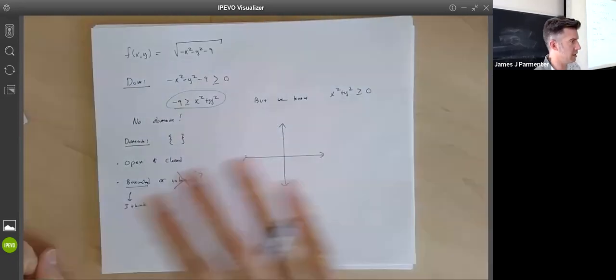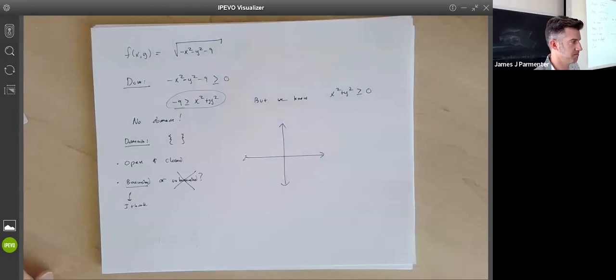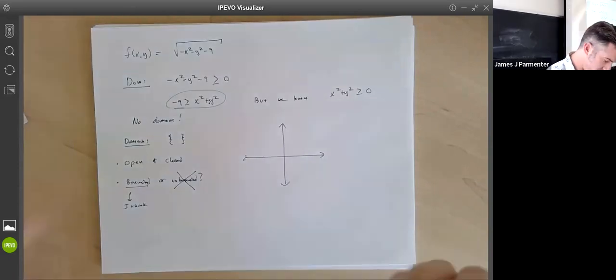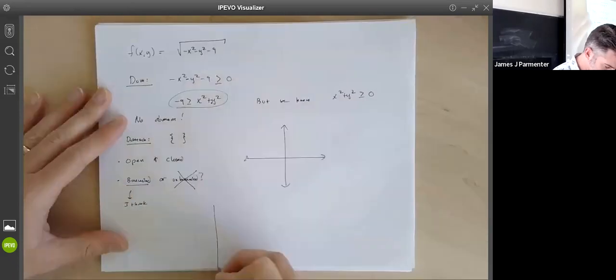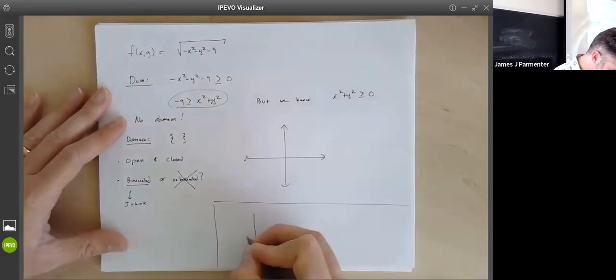The domain is the part I shaded in, which there isn't any, right? So basically, when I'm thinking about bounded versus unbounded, if I'm drawing the domain, a bounded domain has a clear limitation, right? There's a boundary on any side of it. For example, we've seen some examples where the domain was everything inside a circle.